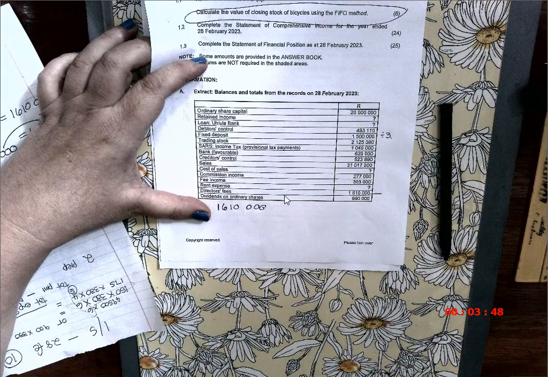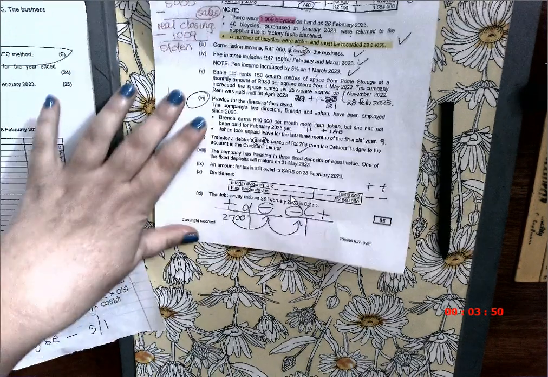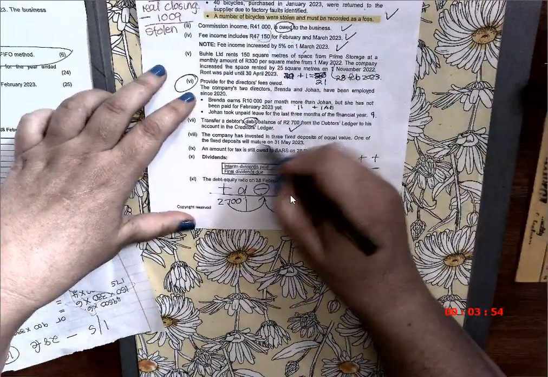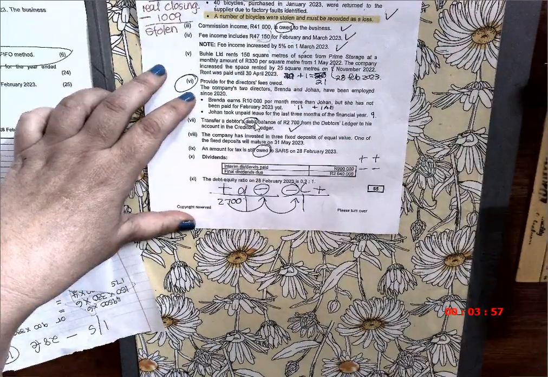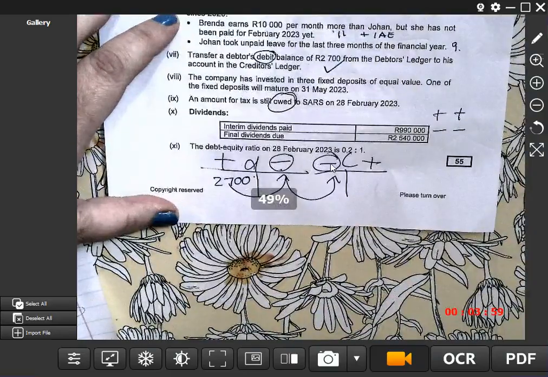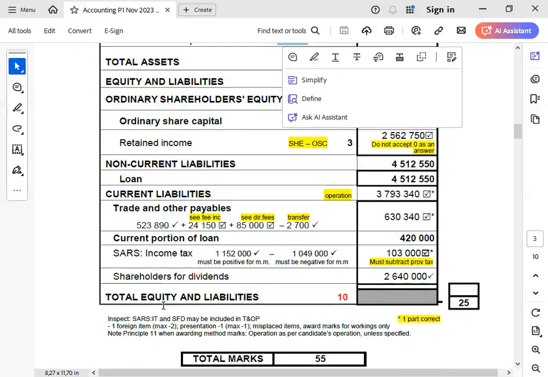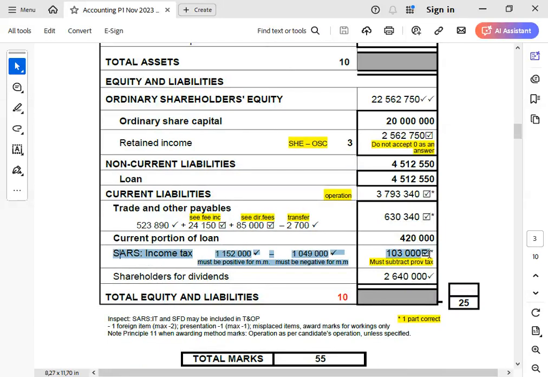Next one, they say the amount of tax is still owed to SARS. So they give me my balance for SARS. Let's quickly go look. This is a payable. Can you see there? Please guys, always remember that in here you always write the outstanding amount, not the income tax amount.